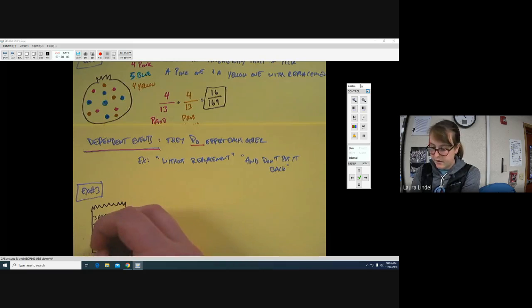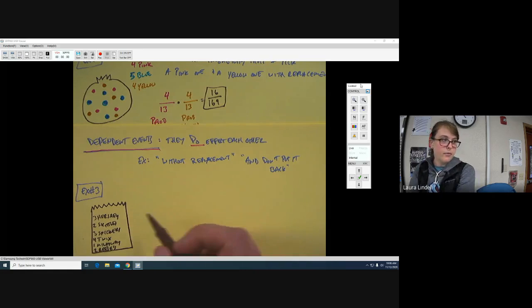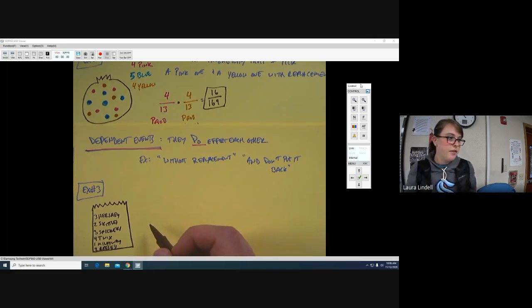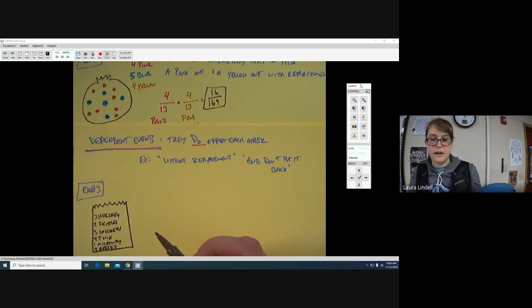We'll do Snickers. 3 Snickers. 4 Twix. A Milky Way. And 2 Reese's. So there we go. We have 3 Hershey bars, 2 Skittles, 3 Snickers, 4 Twix, a Milky Way, and 2 Reese's.